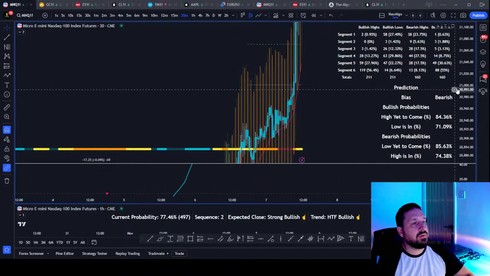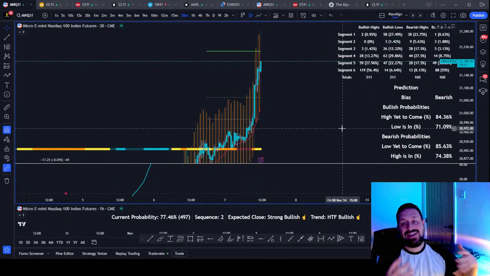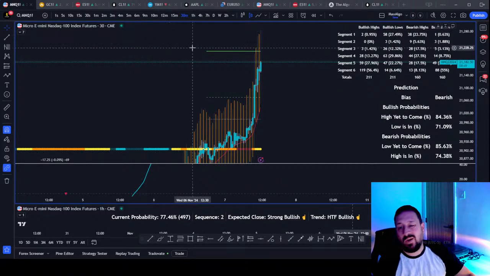It's vertical, but it's a sequence 1, right? It's a payday setup on the daily. We have the higher time frame bullish. The sequence has just gone to sequence 1. Potentially, boom, right? We just didn't quite get the hour in. It took longer for the hour to come around.